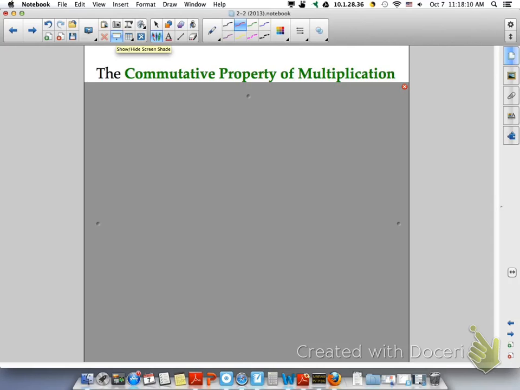So, based on what we just learned in the previous slide, can someone state this property the way it should be stated? Cameron. Do you mean like the numbers or the definition? The definition. Oh, like if you switch the numbers in multiplication, it won't change the. I want you to use one keyword. Molly? If you switch the factors in a multiplication.